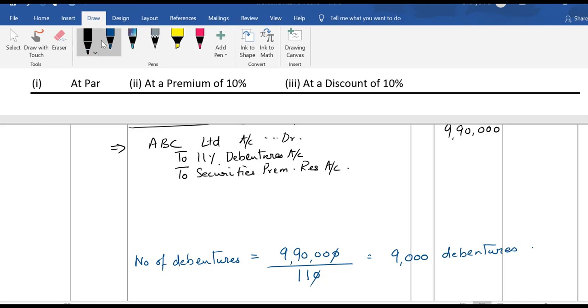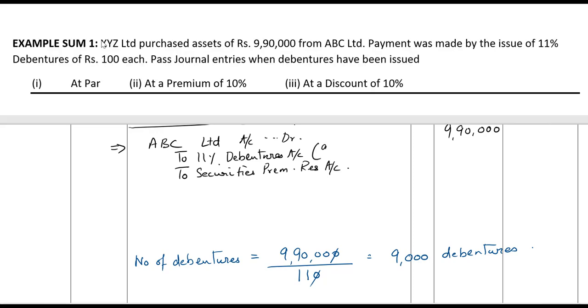Let's fill up the entry. Against 11% debentures account, we need to write the 9,000 debentures multiplied by rupees 100, which is the face value, comes up to 9 lakh rupees. And against securities premium reserve account, we need to write 9,000 debentures multiplied by the premium per debenture, which is rupees 10, comes up to 90,000 rupees.